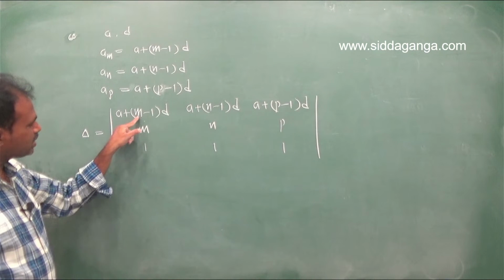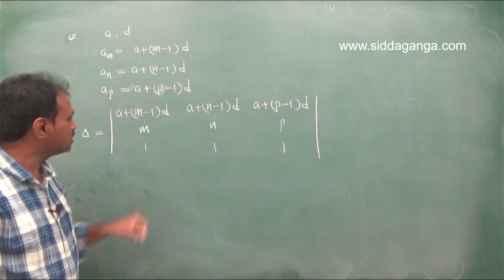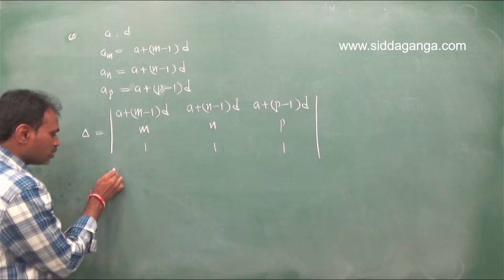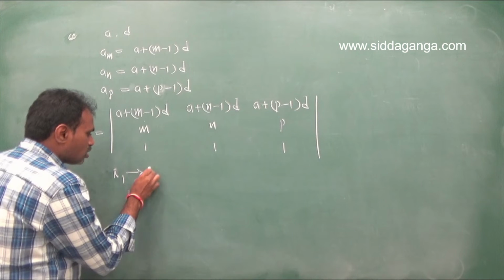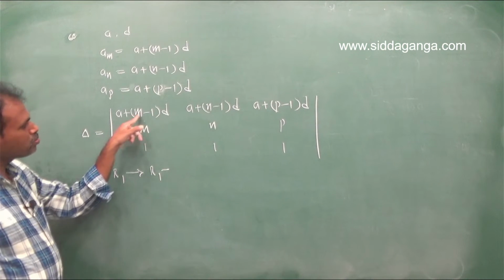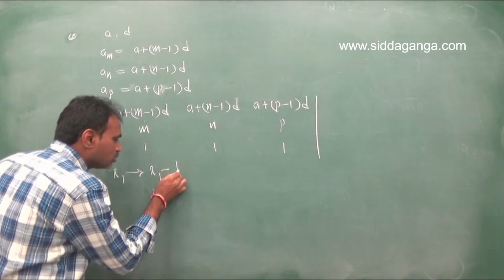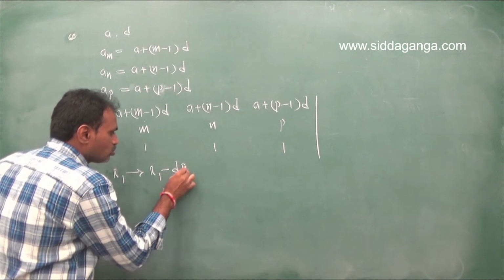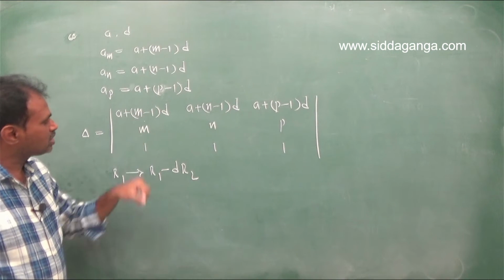Here M into D, 1 into D minus D, MD minus D. Therefore I am applying the operation R1 equal to R1 minus D into R2 plus D into R3. Here MD and minus MD will cancel.